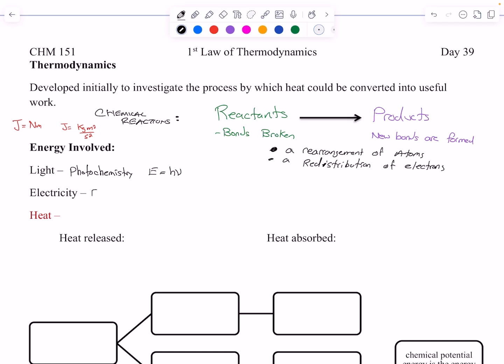We got electrochemistry. Right? And volts is joules per coulomb. We talk about that extensively in Chem 2. Right? And another one is nuclear, which is not really chemistry, where you got E equals mc squared, right? So you have mass going into energy. Right? But we're going to talk about heat, which is thermochemistry.